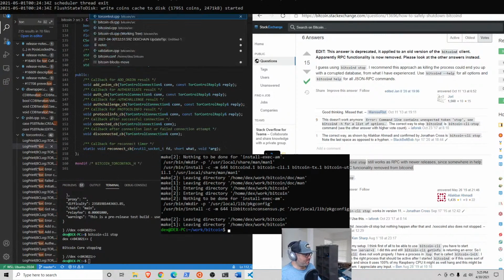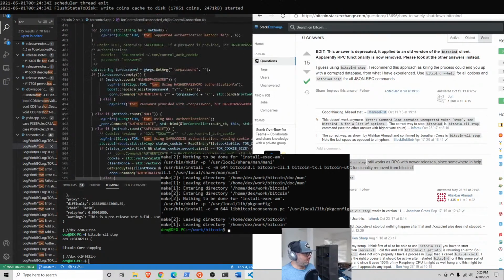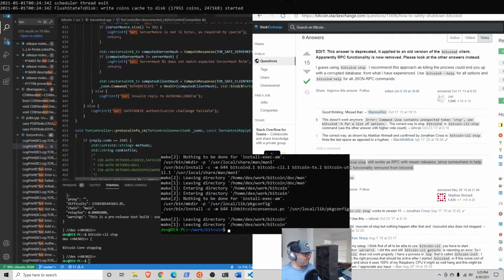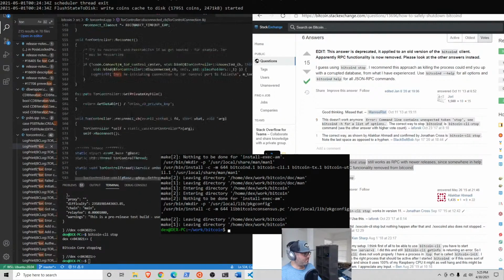Why am I using Tor? No idea why I'm using Tor.